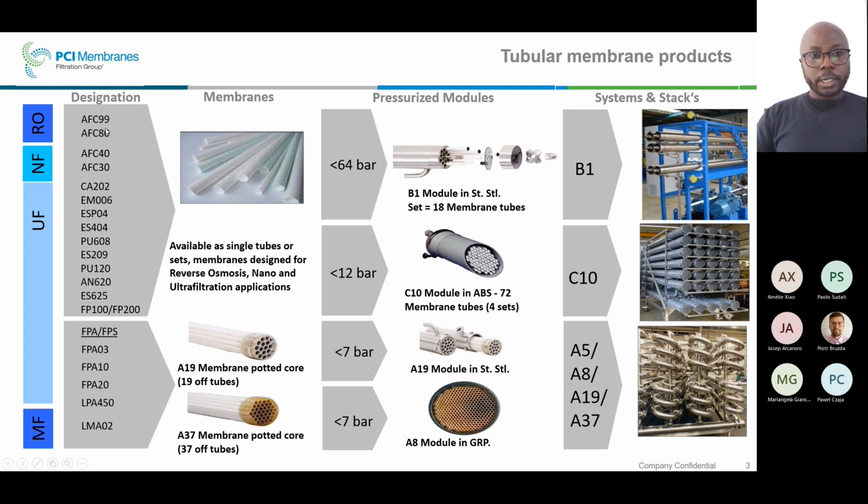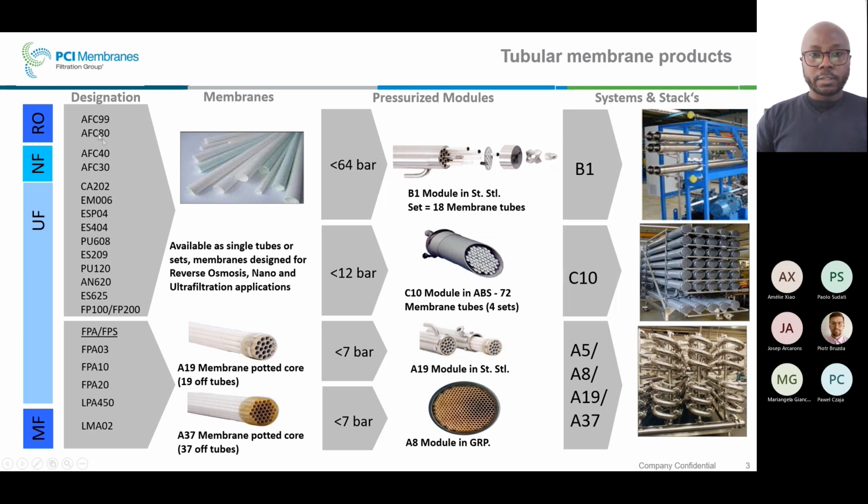Then talking about the reverse osmosis membrane, basically AFC 80 and AFC 99. The classification between the nanofiltration and the reverse osmosis could be done in accordance to the rejection of salt. For the AFC 99, we are basically talking about 99% sodium chloride rejection.